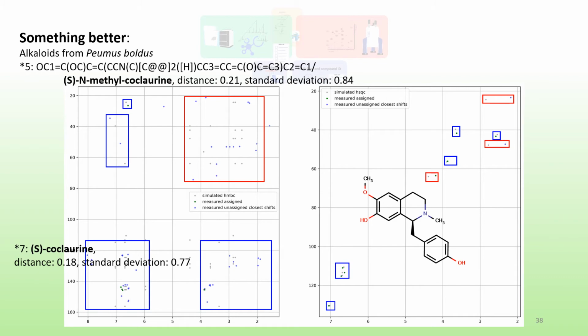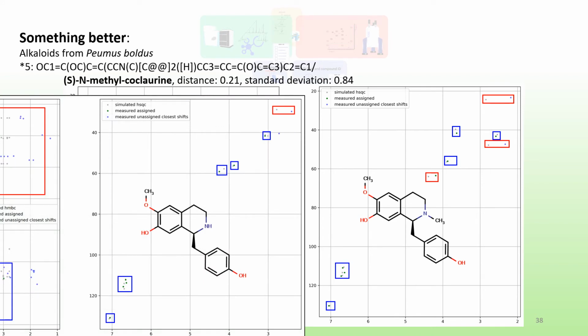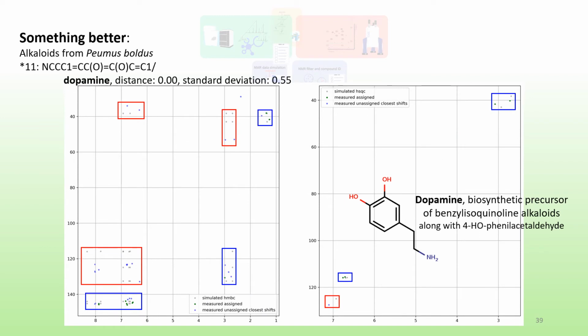This one would be a derivative of coclaurine, and coclaurine as expected. And now remember that we extended that first list of candidates using biosynthetic pathways. Here we have the identification of dopamine as expected, since it's a precursor of all these alkaloids I've been showing here.